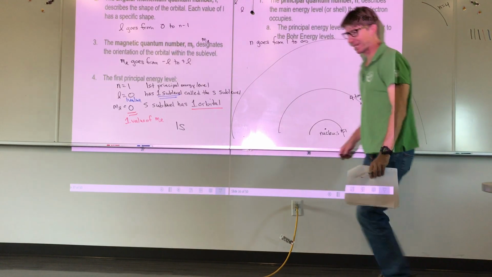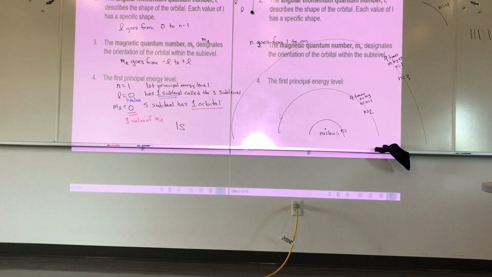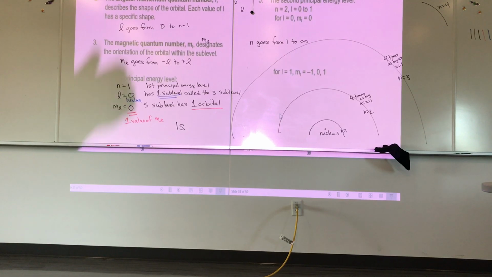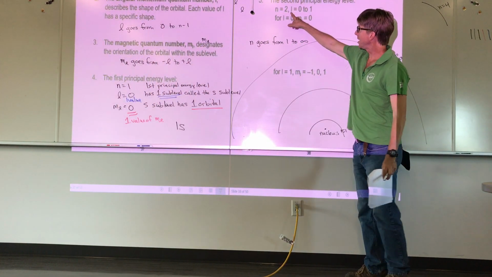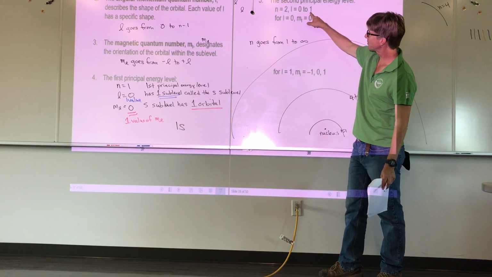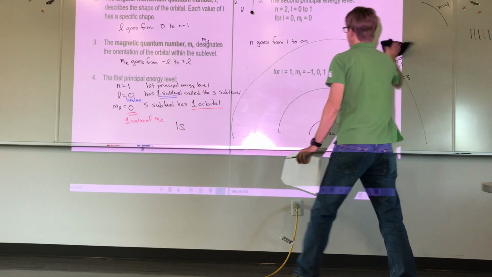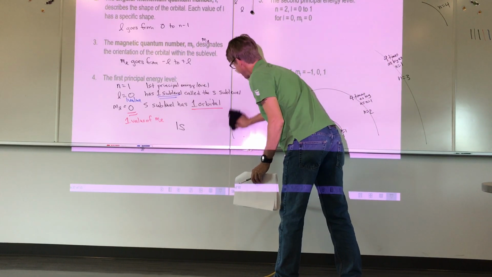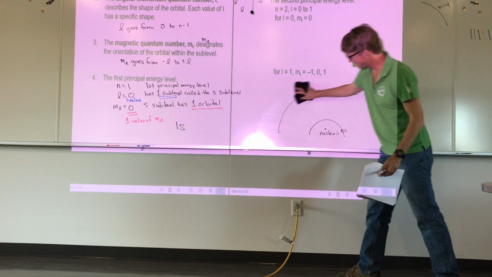All right, so now n equals 2. I think that's our next slide. There we go. For n equals 2, L goes from 0 to n minus 1. 2 minus 1 is 1. I will say, the math for a little bit is not too bad.